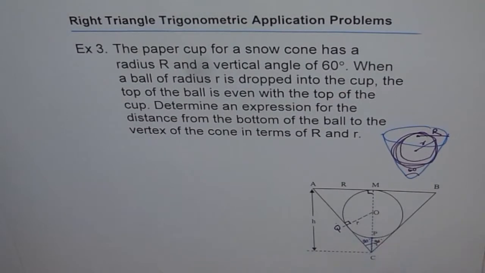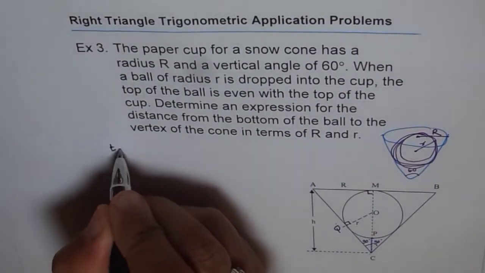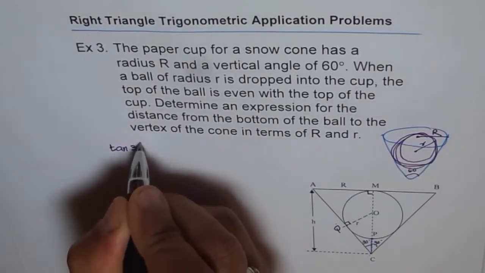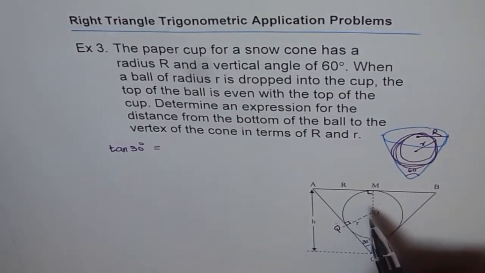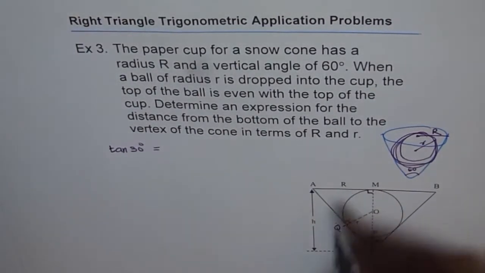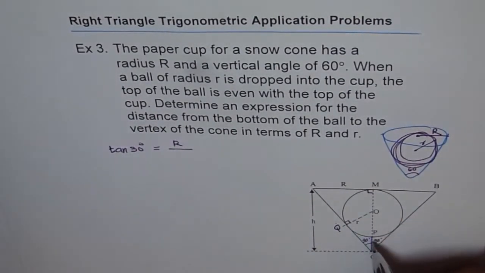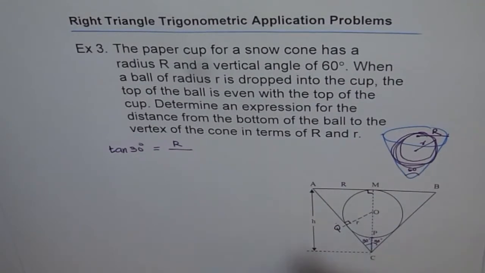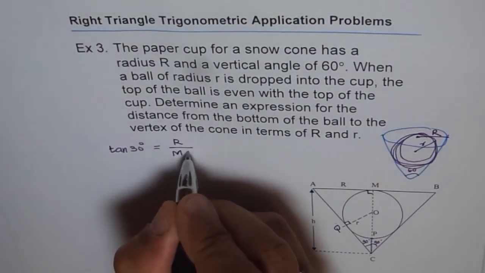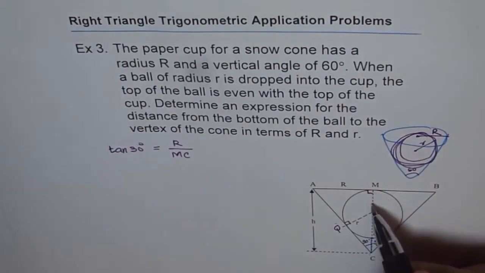In this big right angle triangle, tan of 30 degrees is equal to opposite, which is AM, which is R, divided by adjacent, which is MC. Let me write MC now. So what is this MC?